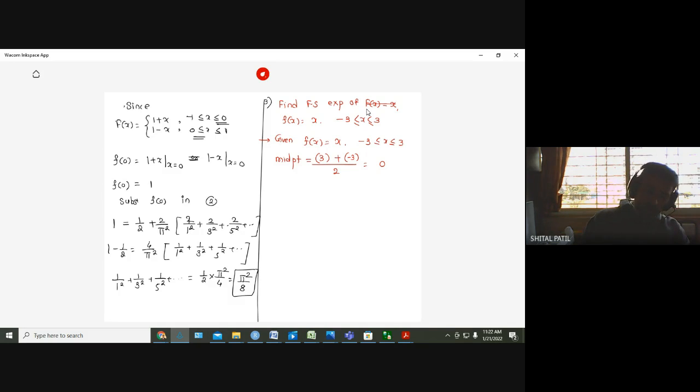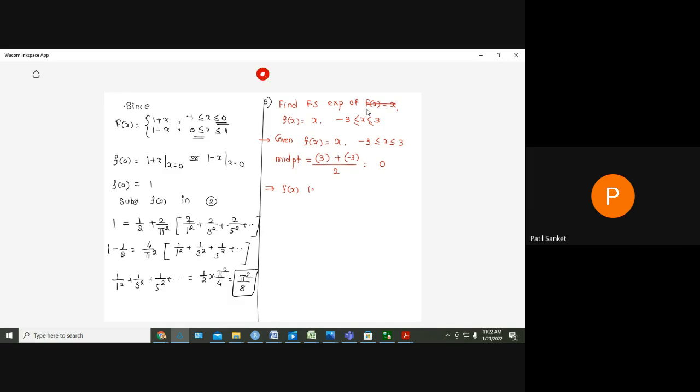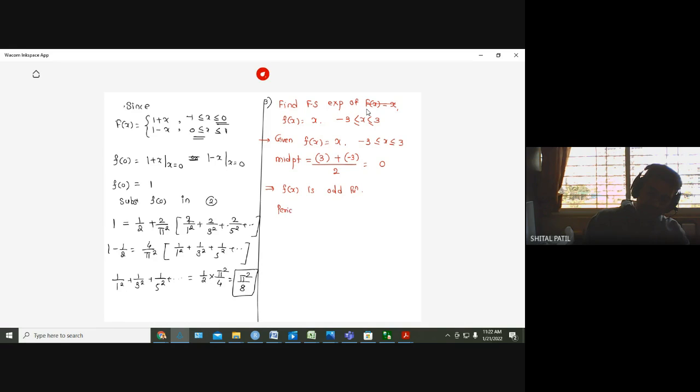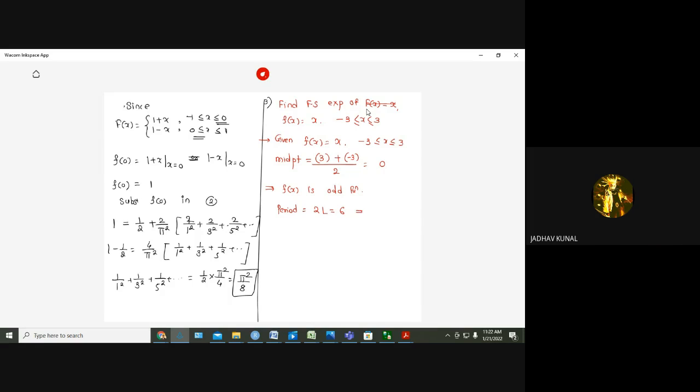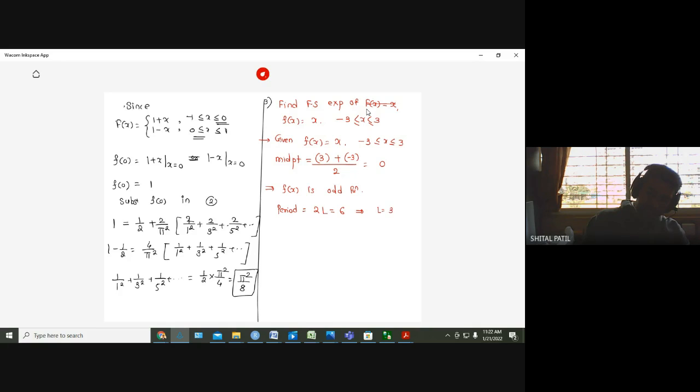So f of x is what type of function? Odd function, sir. Then the period equals 2l, and what is the length of the interval? 6. Therefore l is 3.